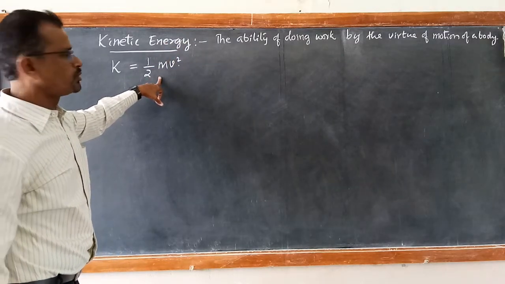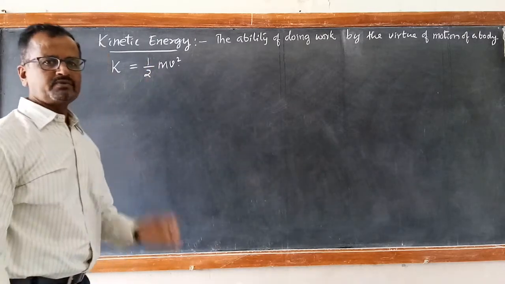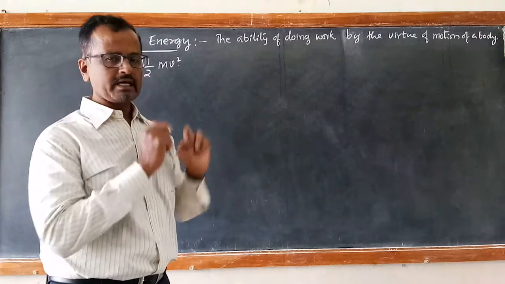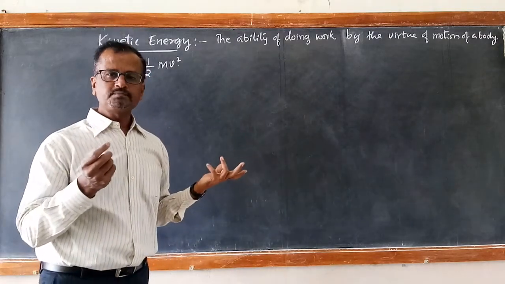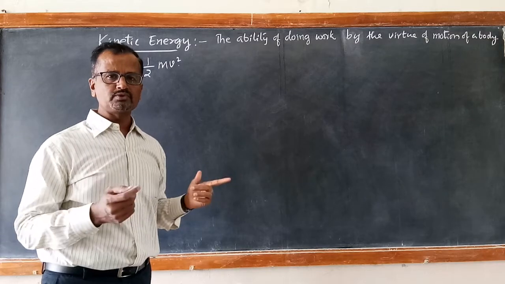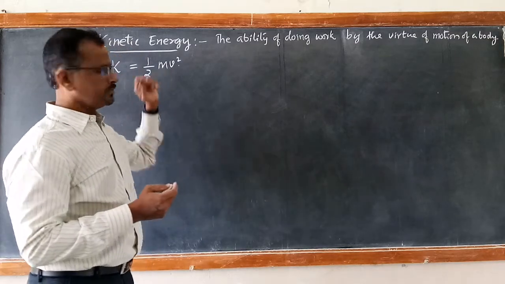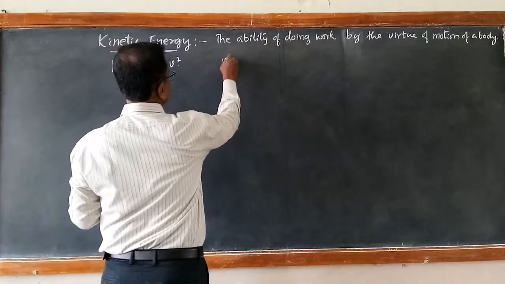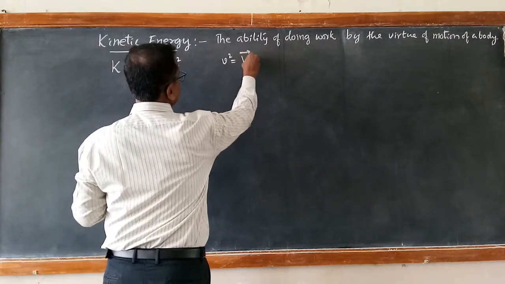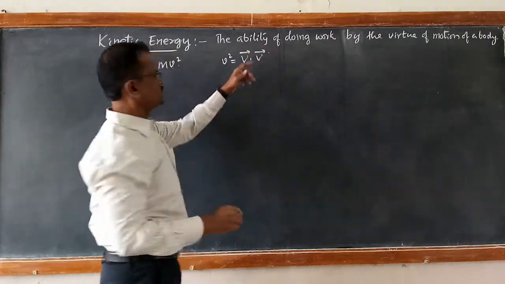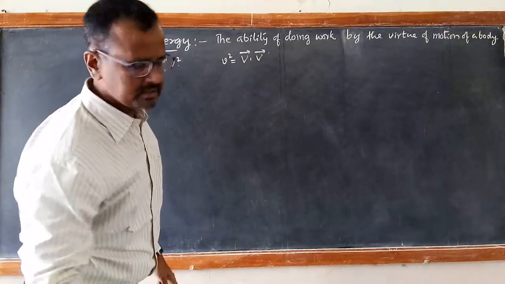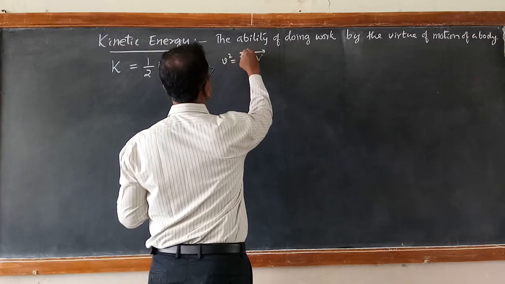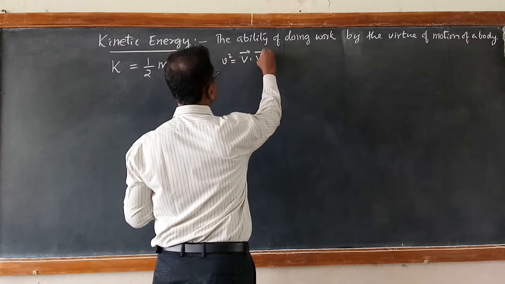Half mv square is for a body in rectilinear motion, a body in straight line motion. If the body is in 2-dimensional or 3-dimensional motion, then we need to take velocity as a vector quantity. So v square can be written as v vector dot v vector.